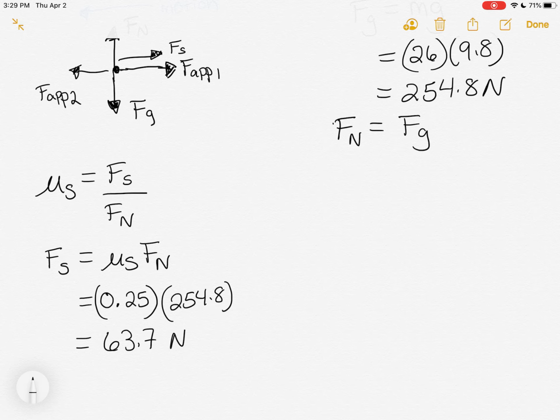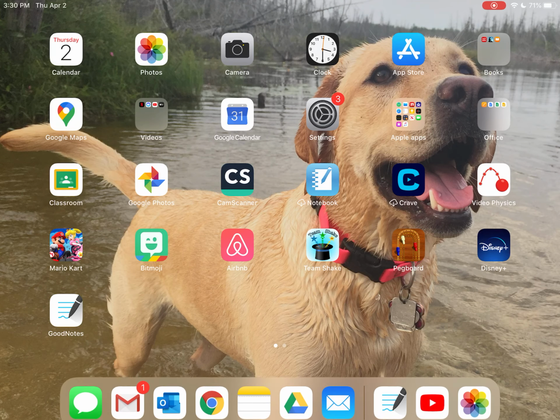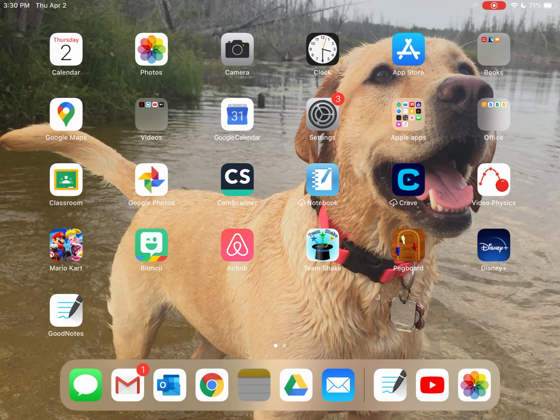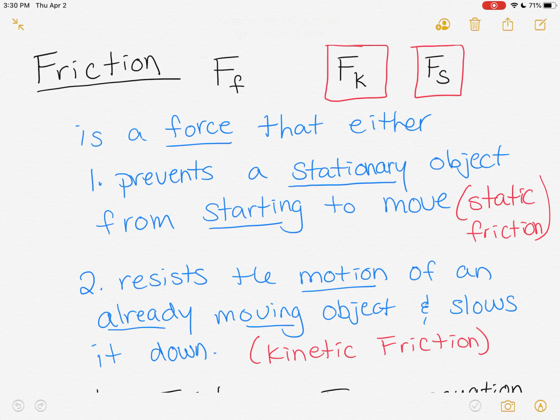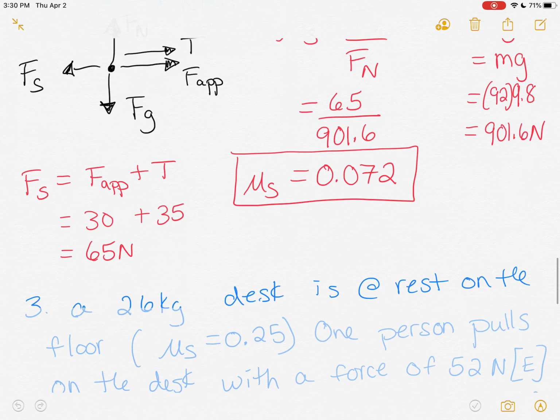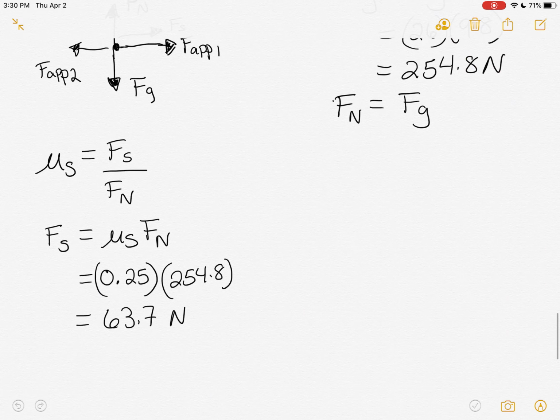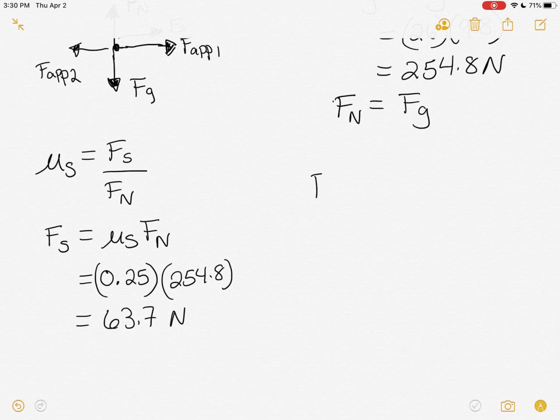Now, what I want to know is, will my applied forces overcome this 63.7 newtons? To do that, I need to find the total of my applied forces.